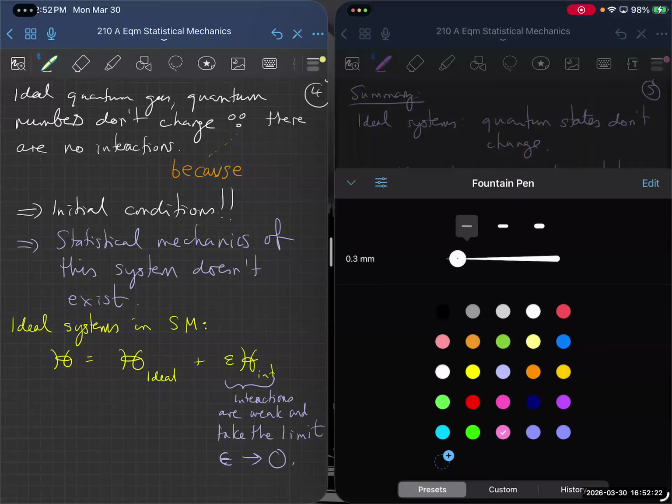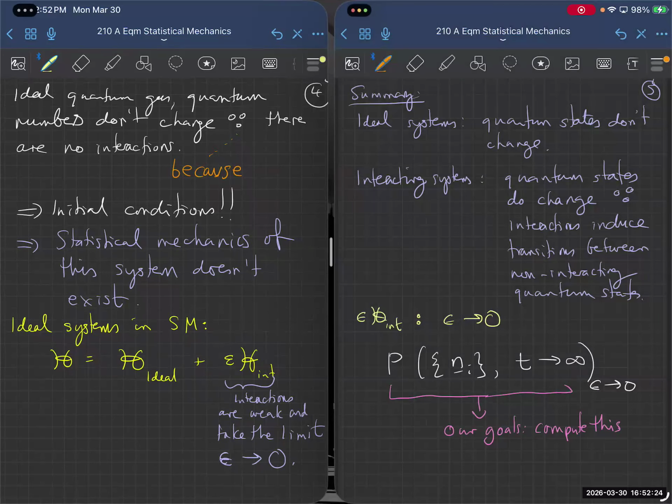This, taking the epsilon going to 0, is something that we only need to do when we're talking about ideal systems. So the sense in which we think of ideal systems is that we add something non-ideal and then we take the limit of that going to 0. Okay, so now I've told you that we want to compute this probability distribution for long times.